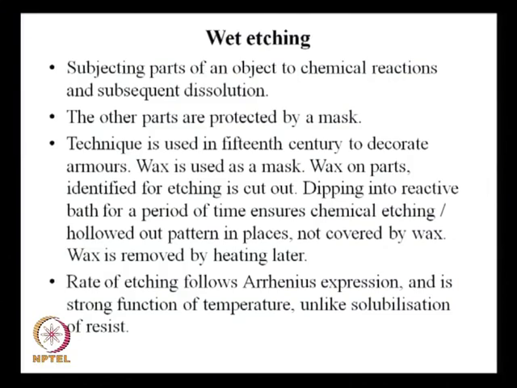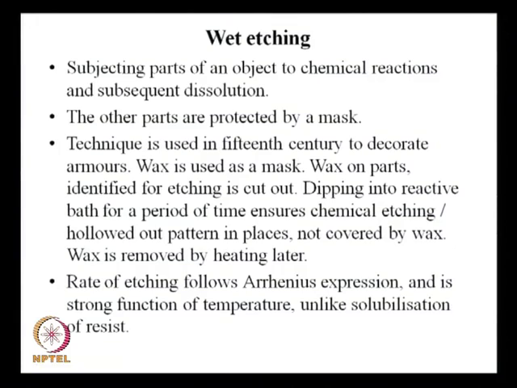So, the etching can be of two types. One is referred to as wet etching, where the silicon substrate, after exposure and after development, after solubilizing the relevant resist part, could be dipped in an etching solution, which is a chemical solution, or it could be done by a process which goes by the name dry etching.